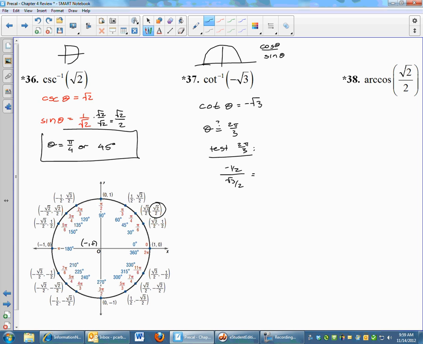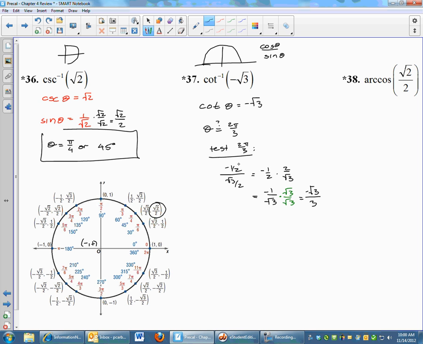If you divide those, that'd be negative 1/2 times 2 over root 3, which is negative 1 over root 3. That does not look the same, but let's rationalize just to make sure. If you rationalize that, negative 1 times root 3 over root 3 times root 3 is 3, and that's not the same.